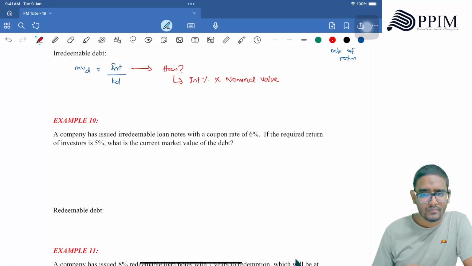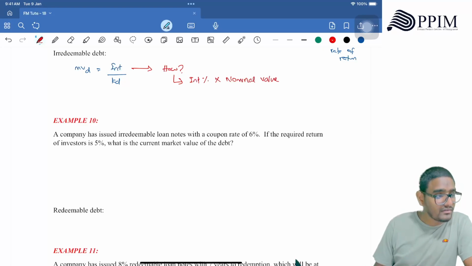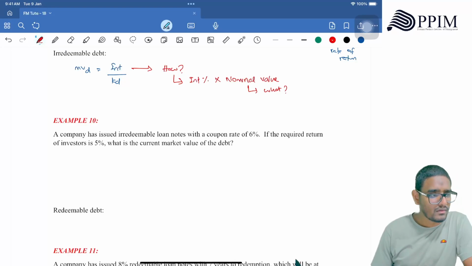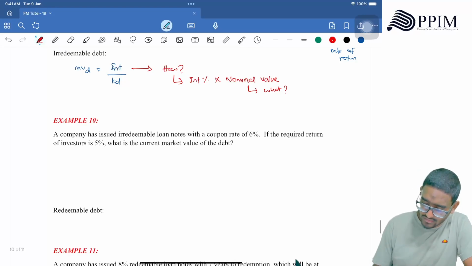Okay. Then ask yourself the question, what is the nominal value? In most cases, $100 per loan note.